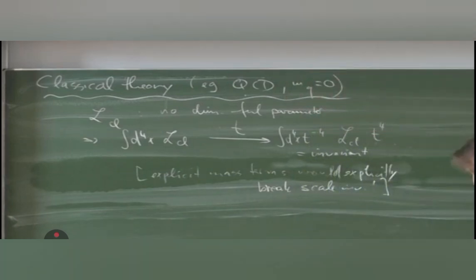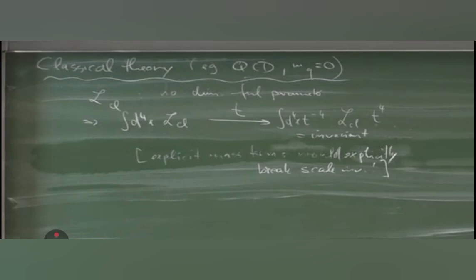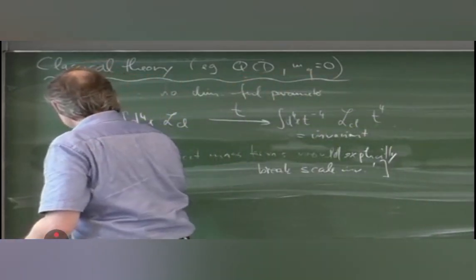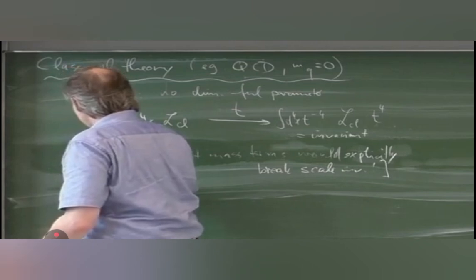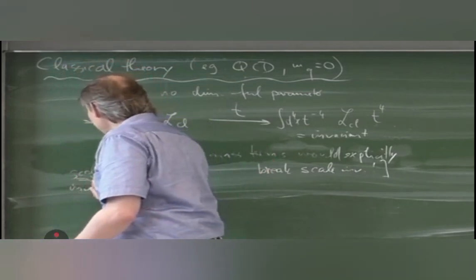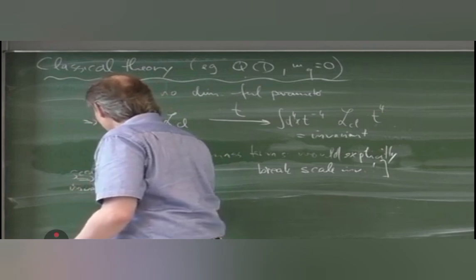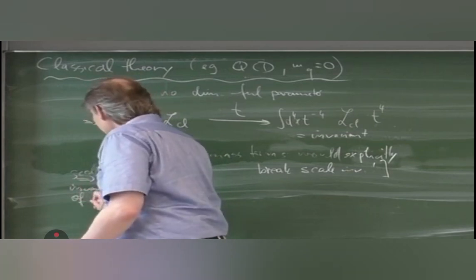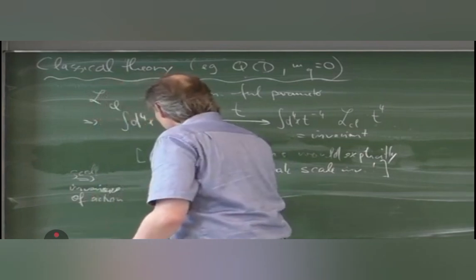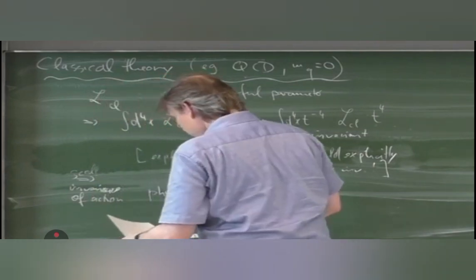But let's work in the scale invariant classical theory. Our assumption was no such mass, therefore we have scale invariance of the following physical quantities.